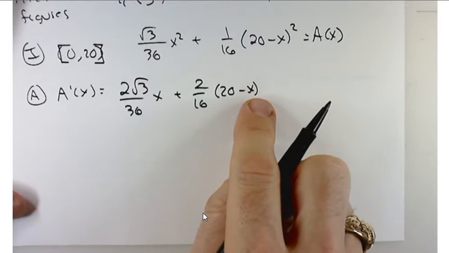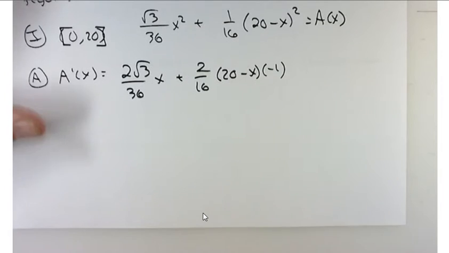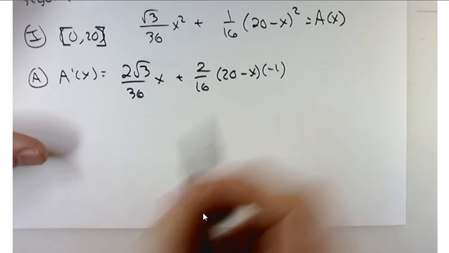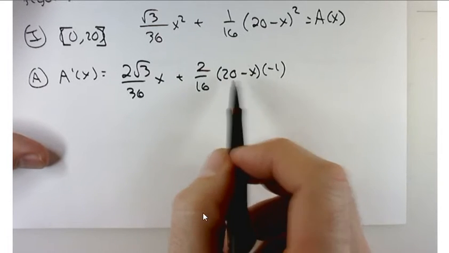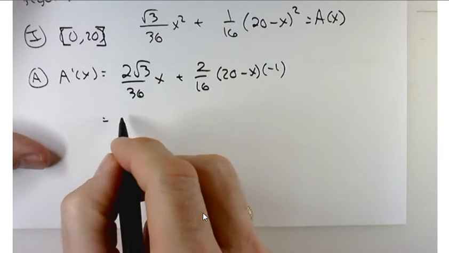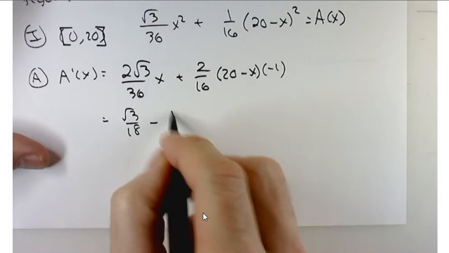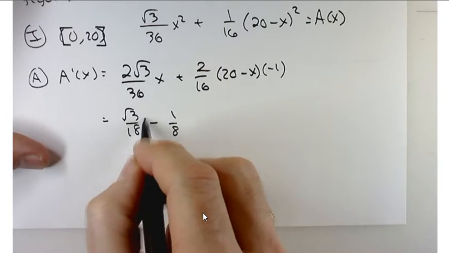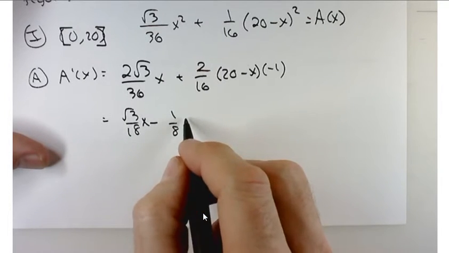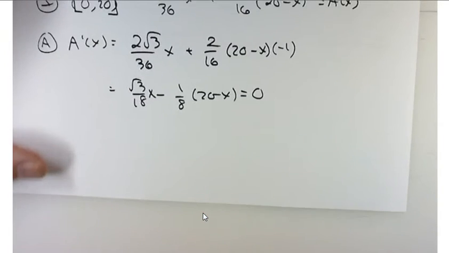I'm not quite done there, am I? Times negative 1. Good. You got to use a chain rule here. Derivative of the outside times derivative of the inside. Square root of 3 over 18 x minus 1 over 8 times 20 minus x. I want to know where that's equal to 0.